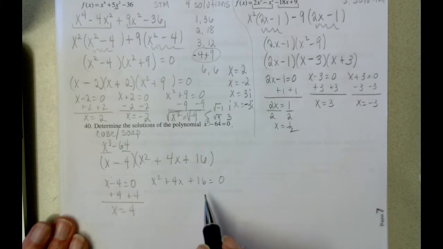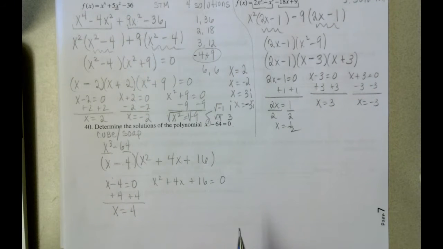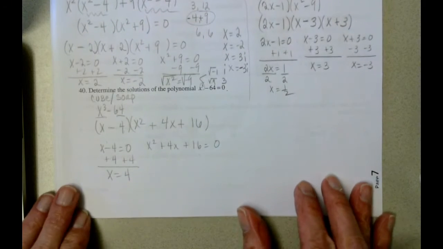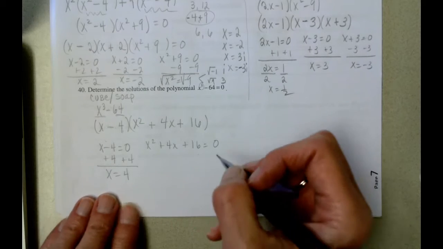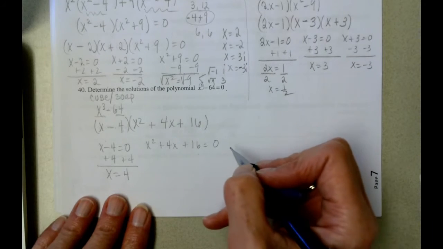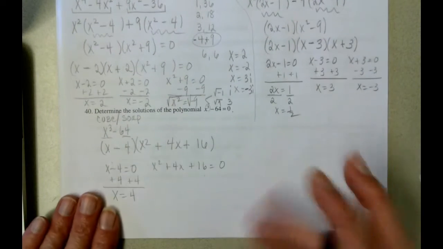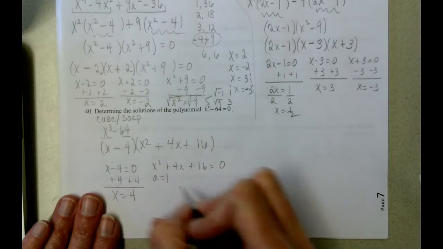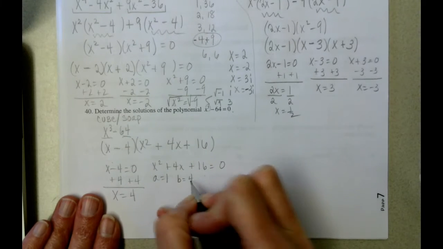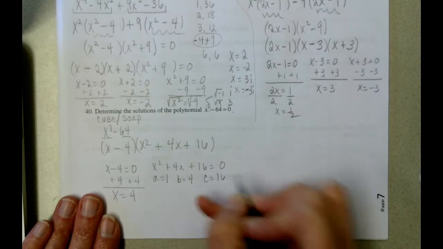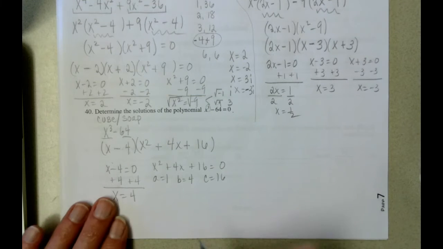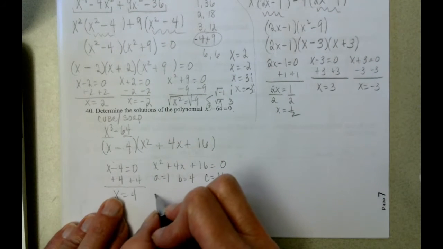On this particular part, I'll keep writing on here. We have to use the quadratic formula. And if you look back at the top of your paper, there's the quadratic formula. But a is 1, b is 4, c is 16. And we're going to fill that in.